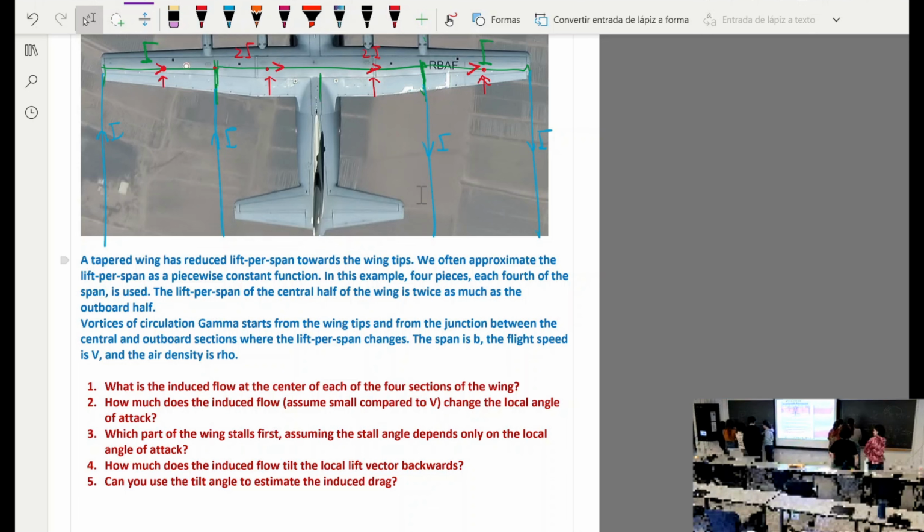Lift is in what direction? Exactly. Yes. But right now, we're not considering the drag of the airfoil yet. We're just saying if the lift vector is tilting backwards, the backward component of the lift is actually induced drag.